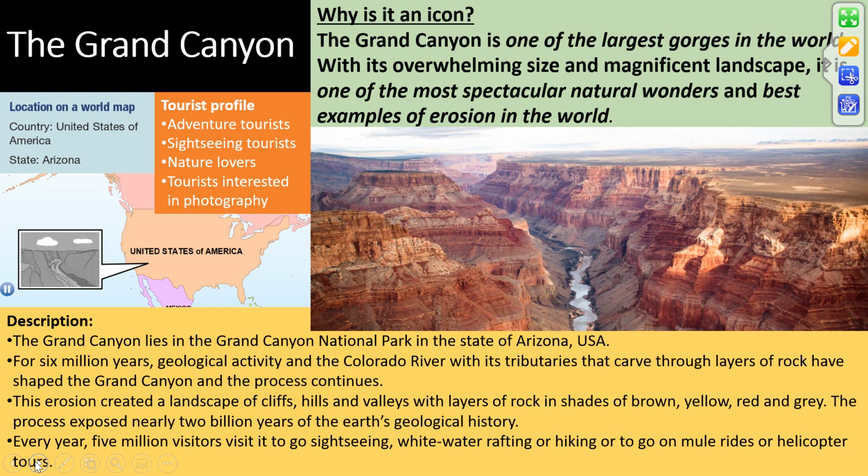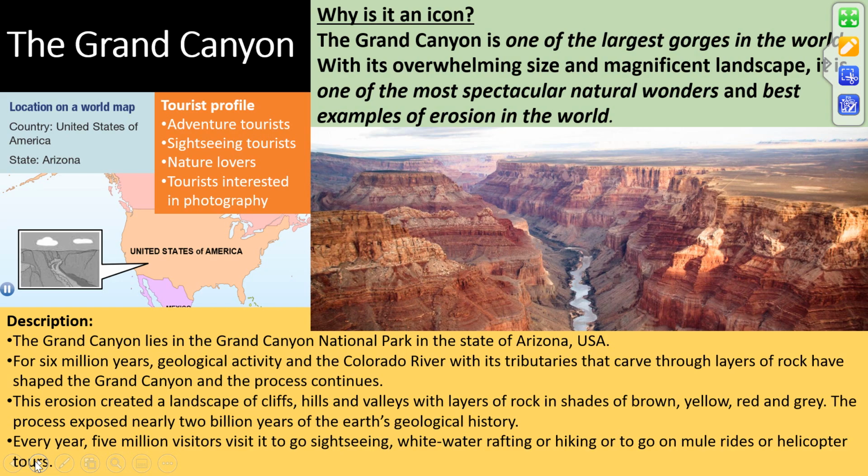The Grand Canyon is most certainly one of the largest gorges in the world. It has a magnificent landscape and is one of the most spectacular natural wonders and the best example of erosion in the world. Now, the Grand Canyon itself is located in the Grand Canyon National Park.